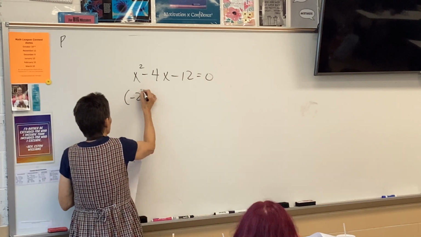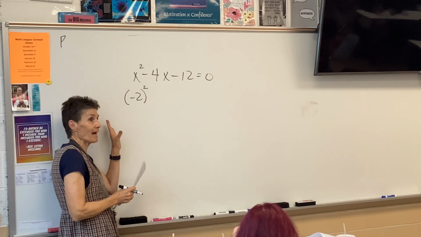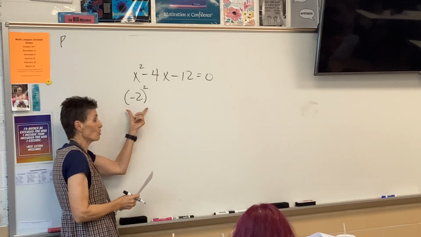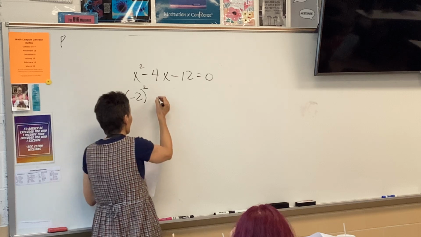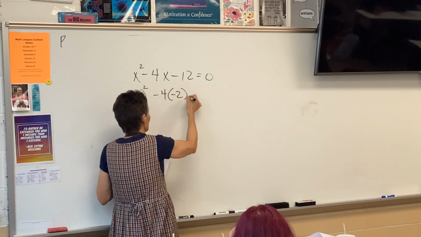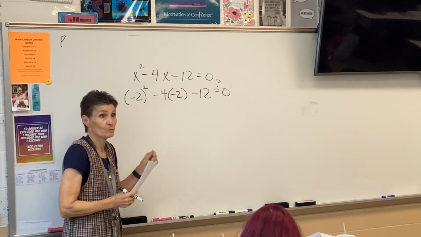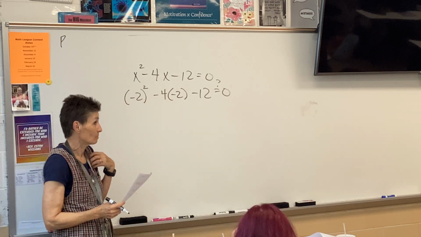So negative 2 squared, you gotta put it in like that. You're squaring negative 2, so you need those parentheses. Minus 4 times negative 2 minus 4. And I'm really trying to figure out, does that actually equal 0?